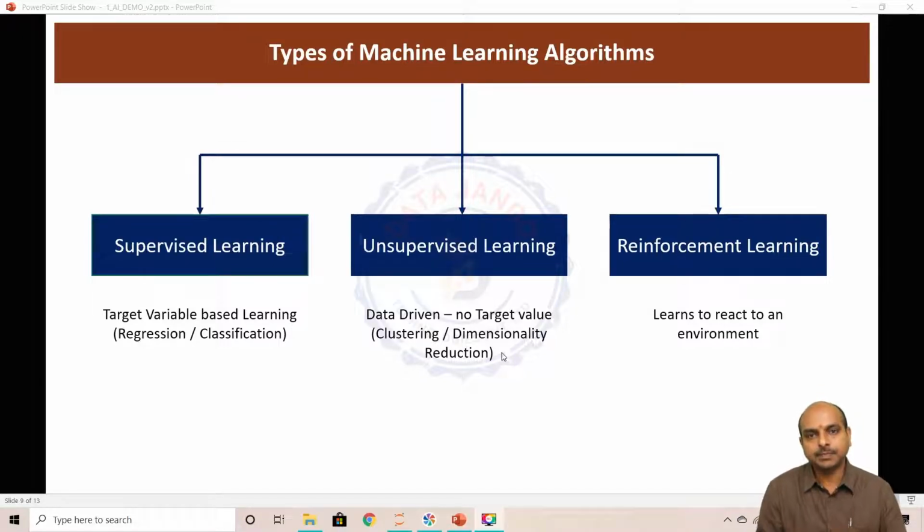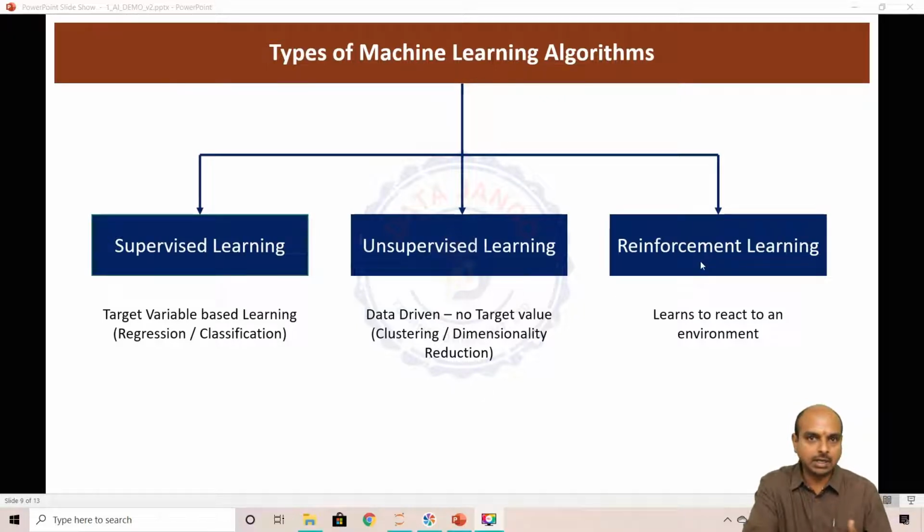So if you can reduce the dimensionality, maybe from thousands to hundreds, without losing the essence of the data, then the model gets trained well and quicker. So unsupervised learning algorithms have dimensionality reduction techniques which reduce the number of columns from thousands to hundreds, and at the same time keep the data's essence intact. So these are examples of supervised and unsupervised learning.